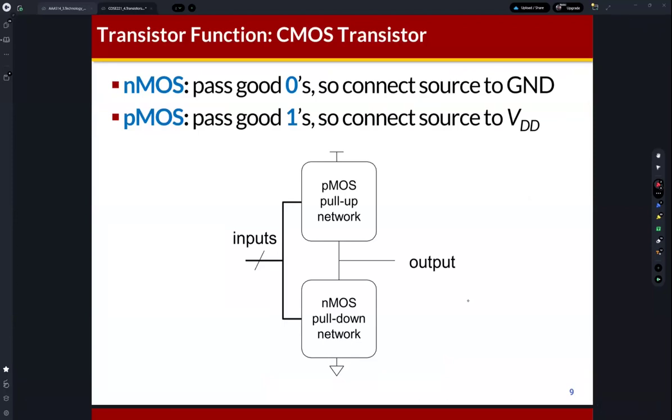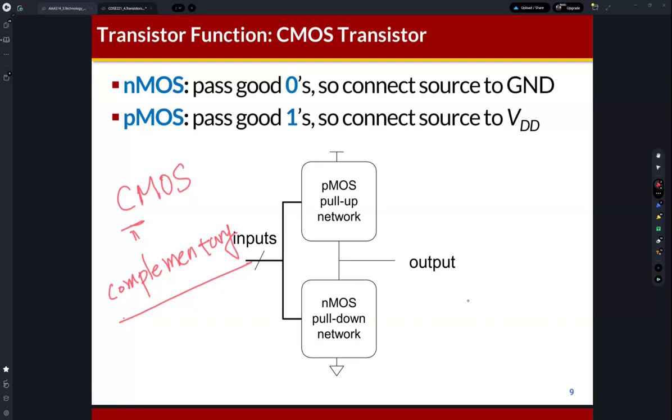This is the basic structure of a CMOS circuit. Why is it called C? C represents complementary. So CMOS represents complementary MOS transistors, which means that by using both PMOS transistors and NMOS transistors, we can build a circuit.